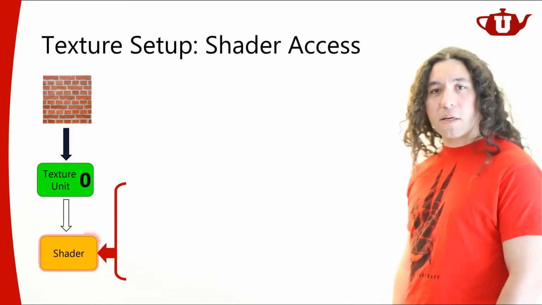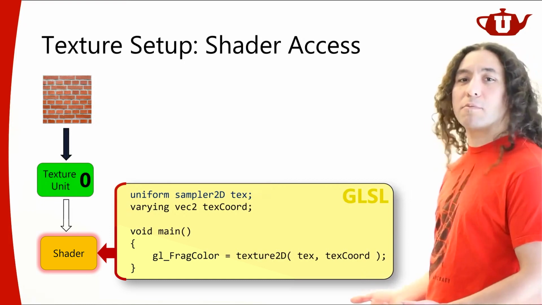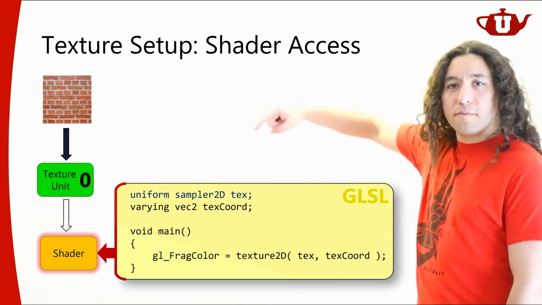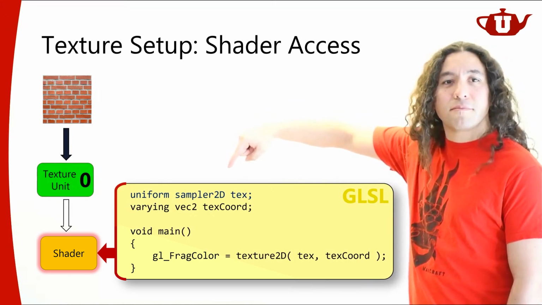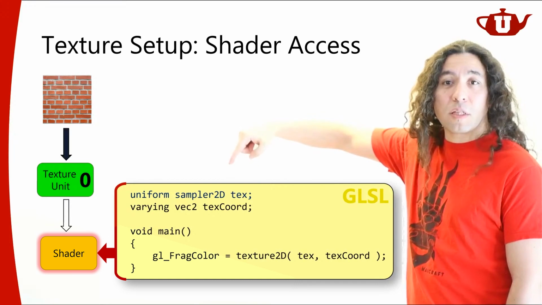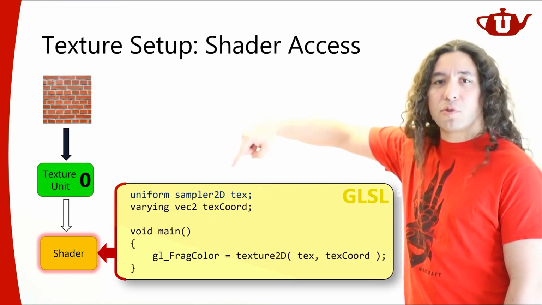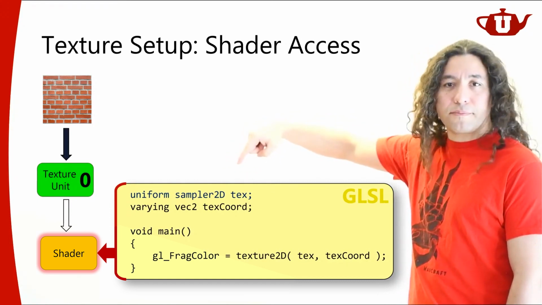So my GLSL code and this shader is going to look like something like this, maybe. So what's going on here? Here I have my texture, this guy, the sampler 2D. That's what GLSL will call the textures. Sampler 2D text is just a 2D texture. And I'm also getting a varying texture coordinate.